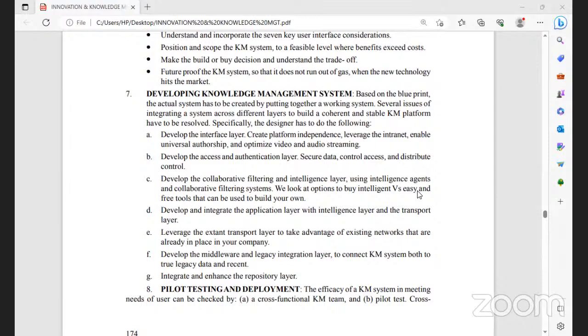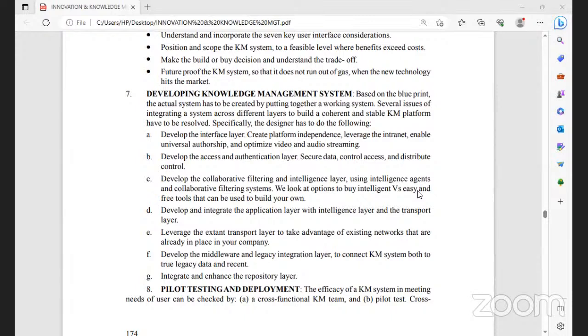Develop the access and authentication layer: secure data, control access, and distribute control. Develop the collaborative filtering and intelligence layer using intelligent agents and collaborative filtering systems. We look at options to buy intelligence versus easy and free tools that can be used to build your own. Develop and integrate the application layer with the intelligence layer and a transport layer.